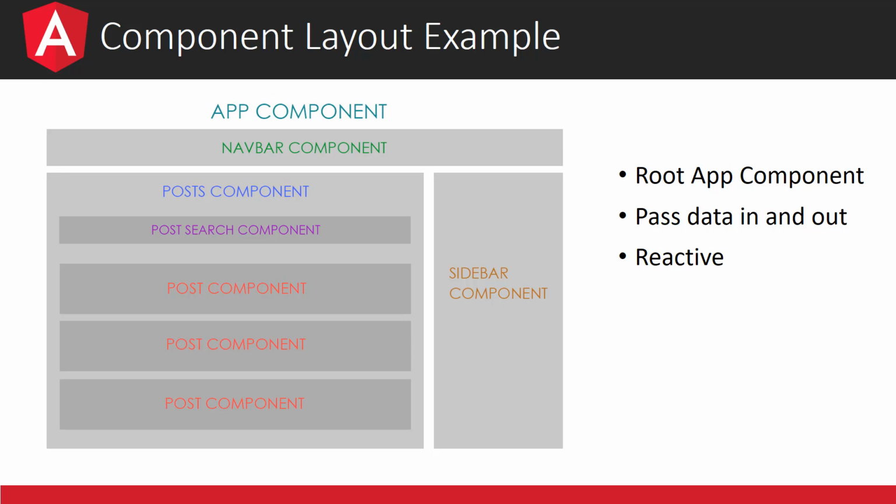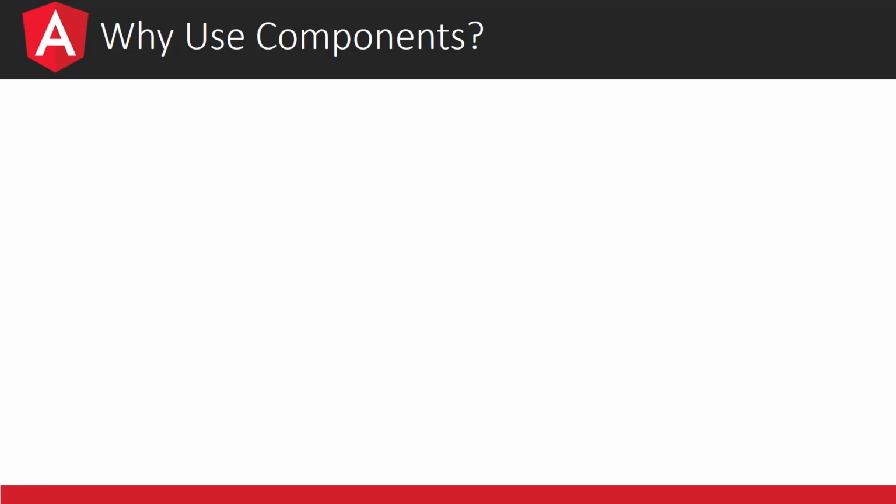Then we have a posts component, and notice inside the posts component we have a post search component, and each individual post is also its own component. So we can nest these and we can actually pass data in from one component to another. You can see that this really helps organize our application UI and its functionality.